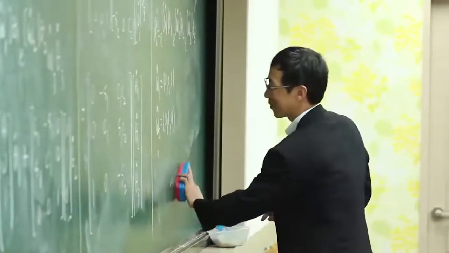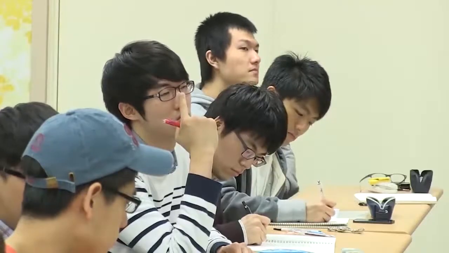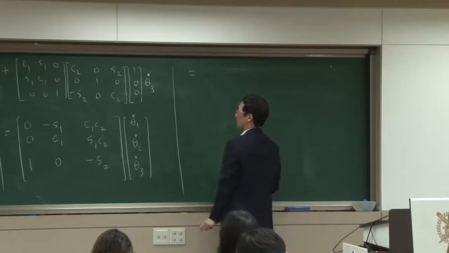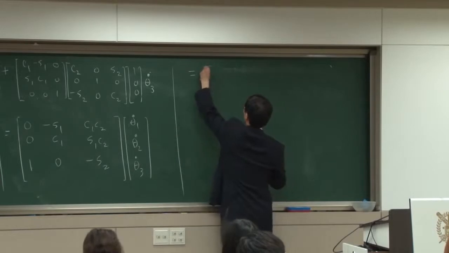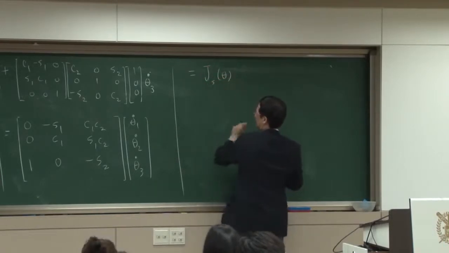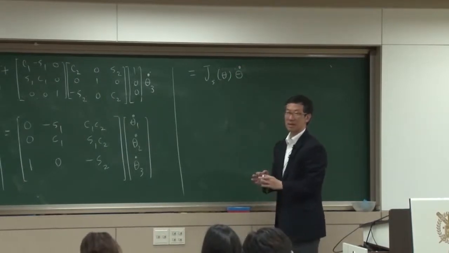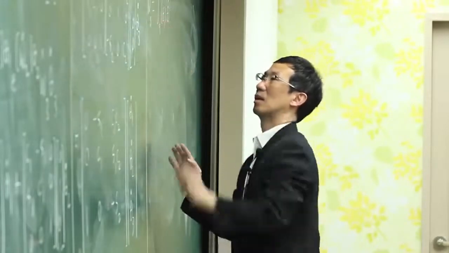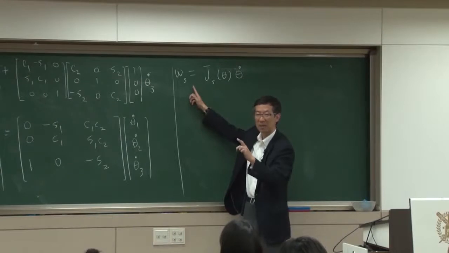So we're not done yet. All right, this is pretty good. I'm going to give this matrix a name. I'm going to call it J sub S. This is theta dot. So I have here a formula for omega S, which is the angular velocity of the end effector frame.